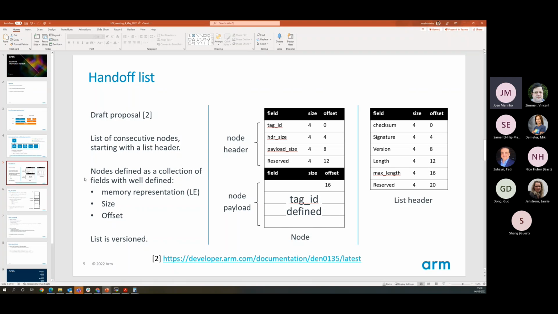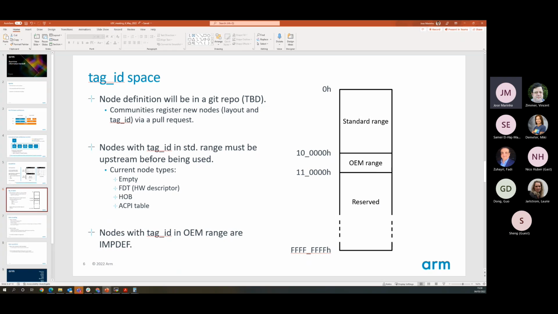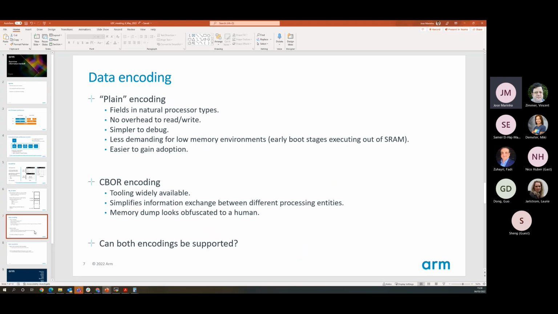I think the intent, especially once we start placing the nodes in a Git repo, is for us to have a Creative Commons license on all of this. And the idea is really to take down all impediments for this to be widely adopted eventually.